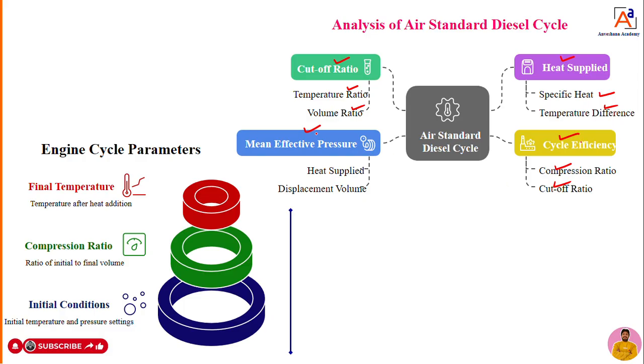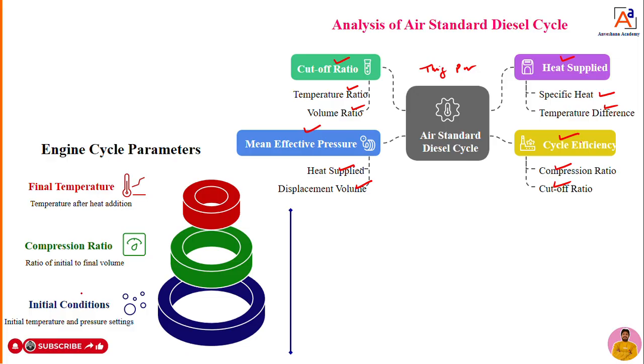Similarly, to calculate mean effective pressure, I should know the heat supplied and the displacement volume. Similarly, cutoff ratio, temperature ratio, volume ratio, these parameters are required to calculate the given parameters. So now to solve this, I need to follow some steps.